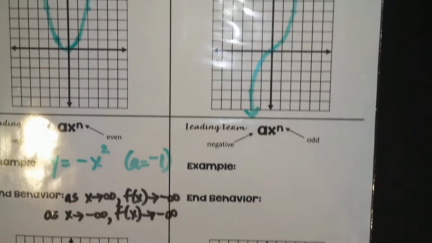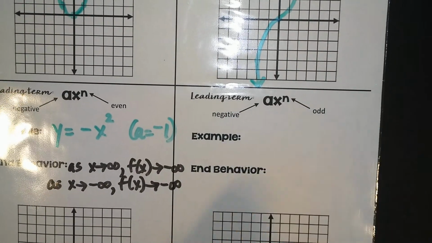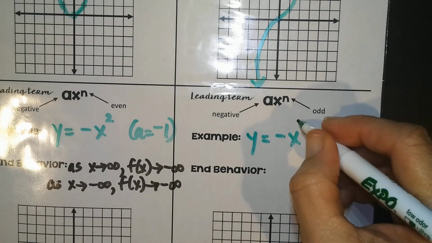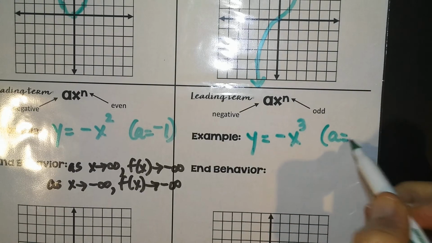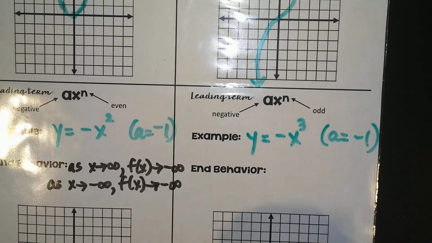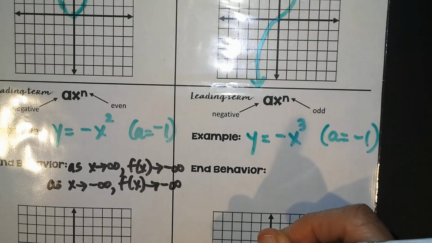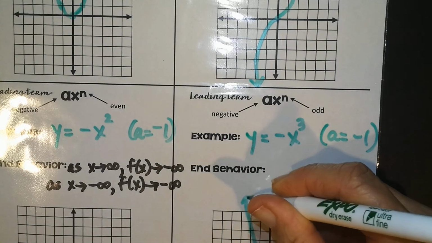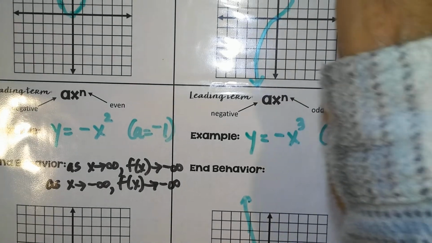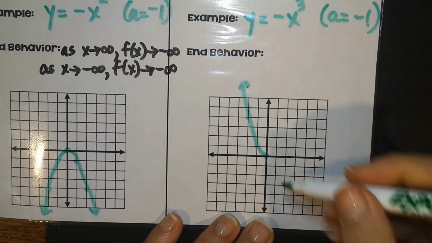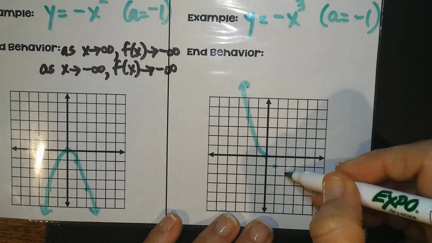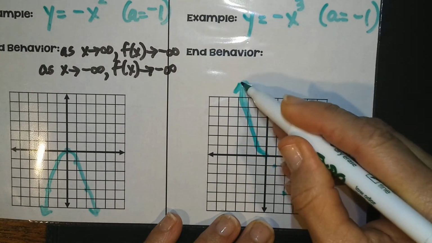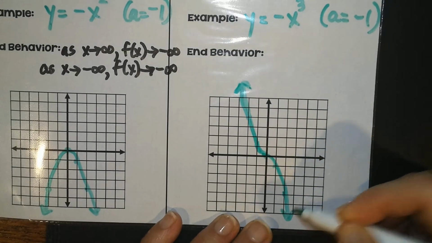And then our fourth example, a negative odd, is y equals negative x cubed, where a is negative 1. And now it's the same on this side, on the negative side like that. So it's half the parabola this way and half the parabola that way.